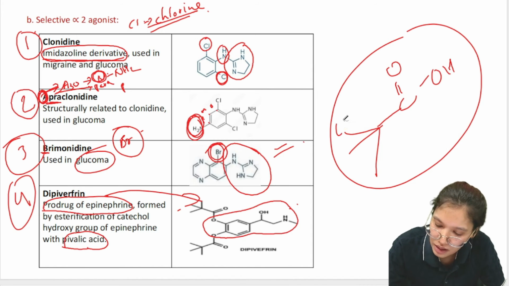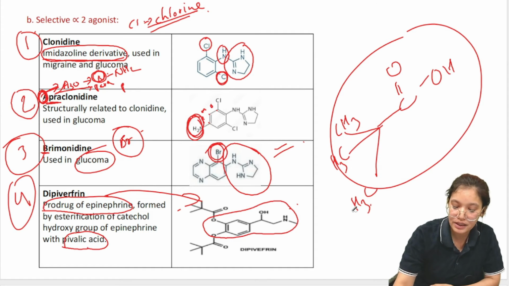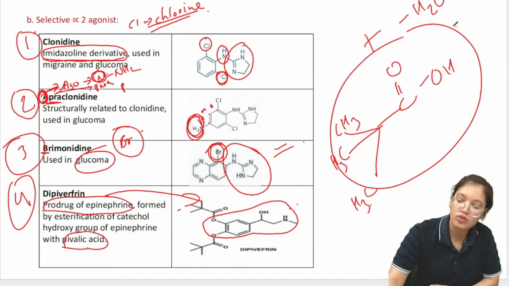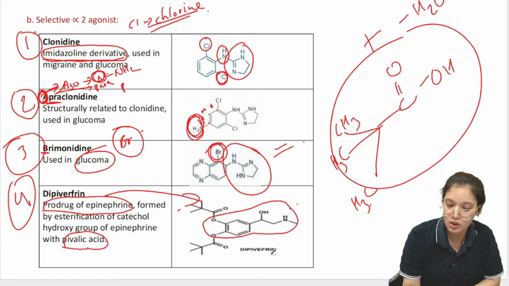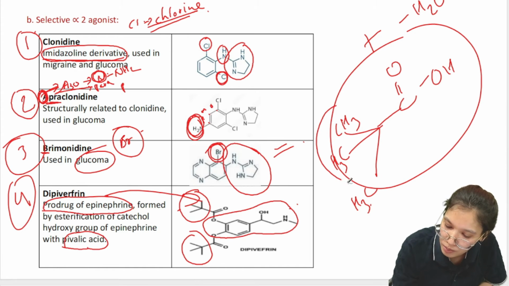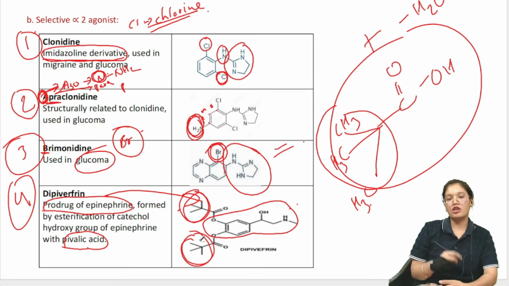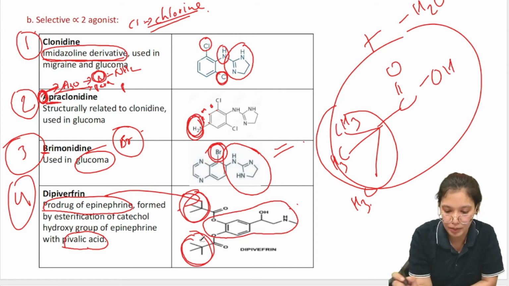Now this is pivalic acid. Now epinephrine is esterified with this pivalic acid. Esterification means the removal of H2O. Then it will form this dipivefrin. So here this group is attached on both sides. So this is the structure of dipivefrin. It is almost similar to the structure of epinephrine.